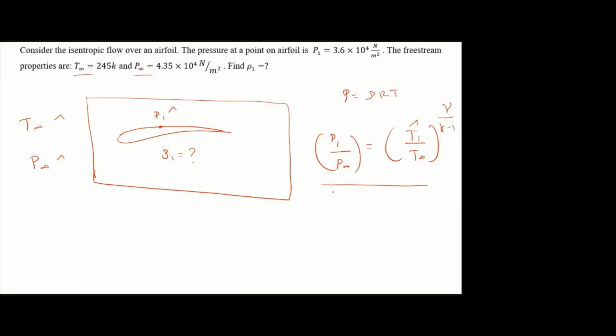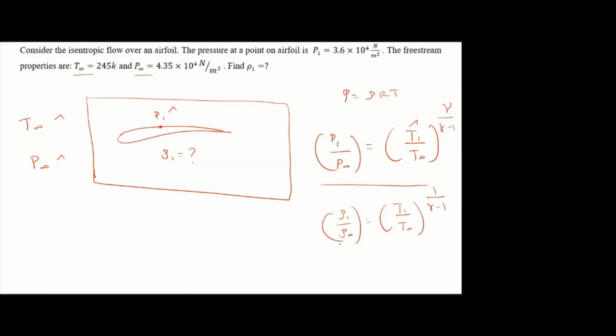Then, sir, rho 2 by rho 1 also has a relation with T2 by T1, sir. We can write rho 1 by rho infinity equals T1 by T infinity power 1 by gamma minus 1. Okay, we can find the rho 1. And sir, P infinity equals rho infinity R T infinity, and P1 equals rho 1 R T1, sir.